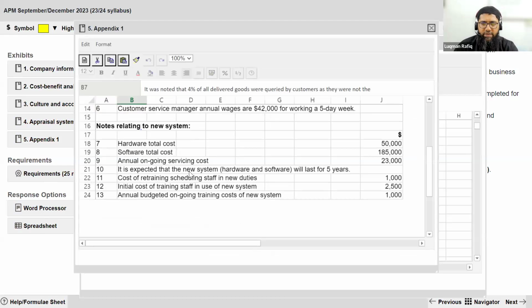Then we have the cost of retraining staff in new duties, the initial cost of training staff in the use of the new system, and the annual budget for ongoing training cost of the new system. The cost of retraining staff in new duties, I'm not considering this. Initial cost of training staff in the new system.